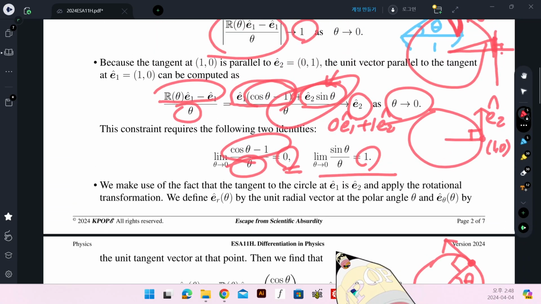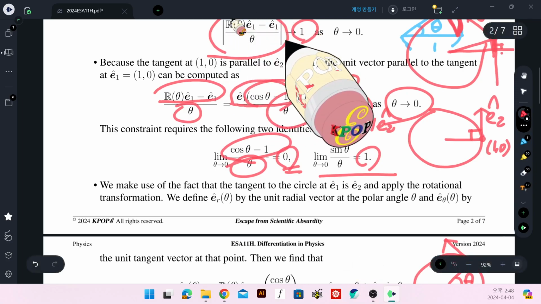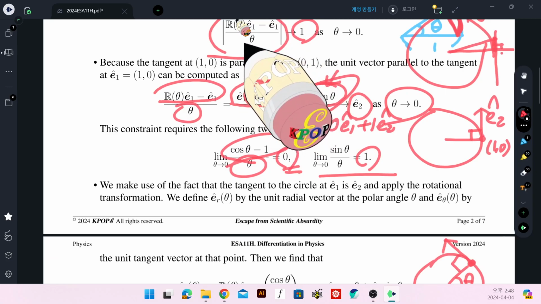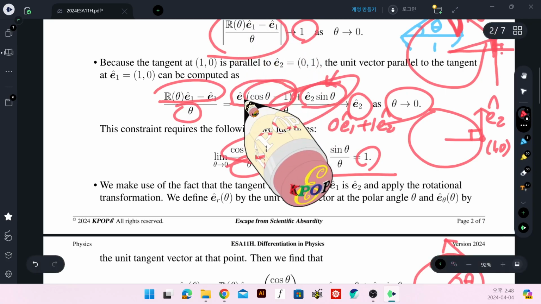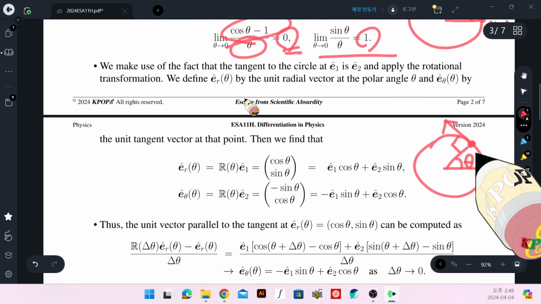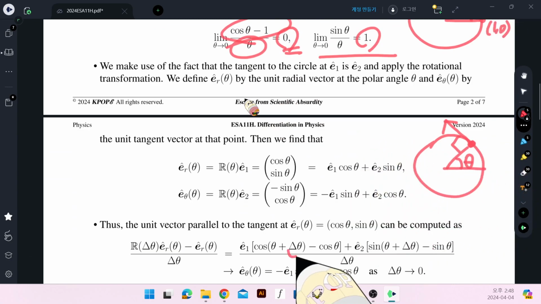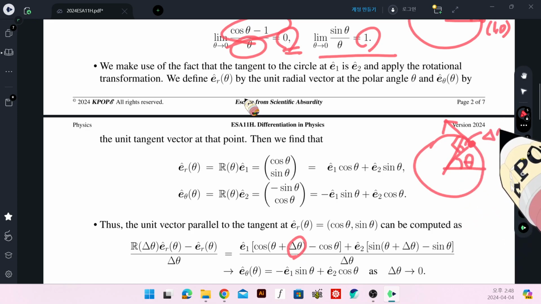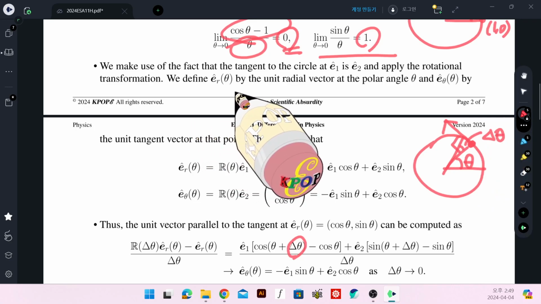The same will be true for the ratio of displacement divided by angle at small theta. Here, theta is finite, and we have an additional angle delta theta. If we let this delta theta approach 0, we have similar relations.